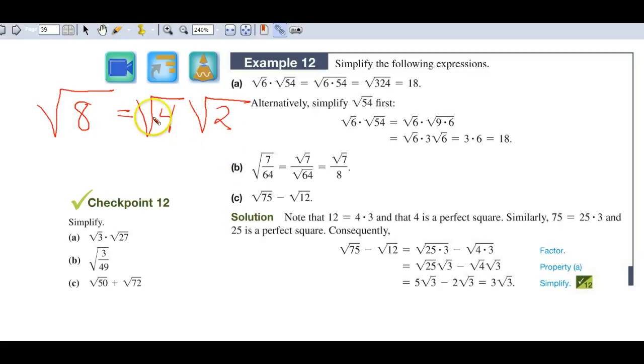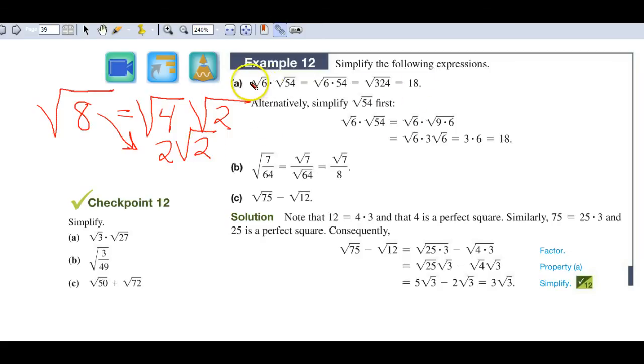Then you can take the square root of 4, get 2, and what's left over is the square root of 2. So the square root of 8 is always 2 times the square root of 2.